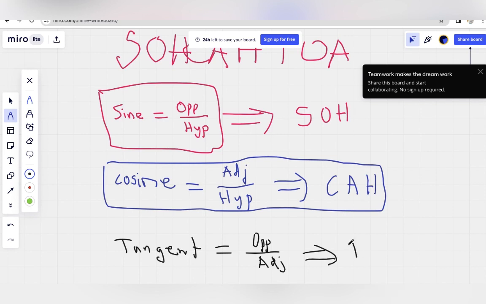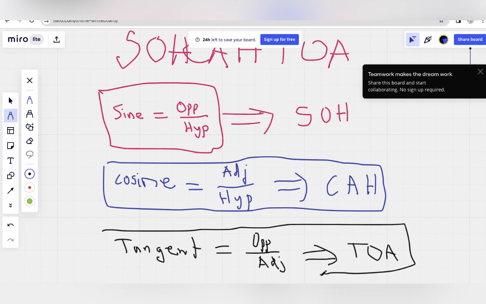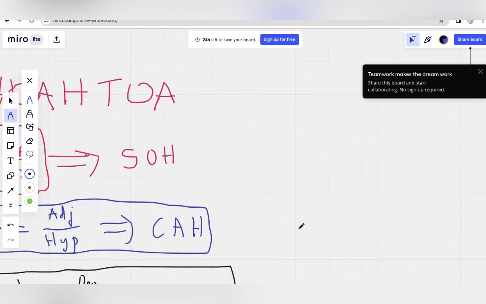So let's draw a right angle triangle to begin to designate all of this. If we draw a right angle triangle, this will be clearer to us.